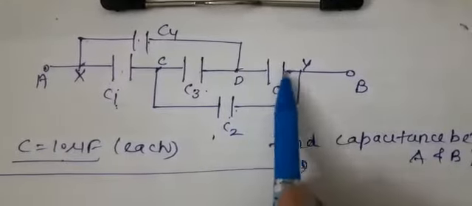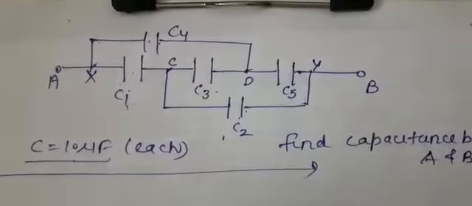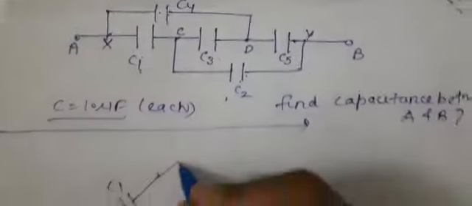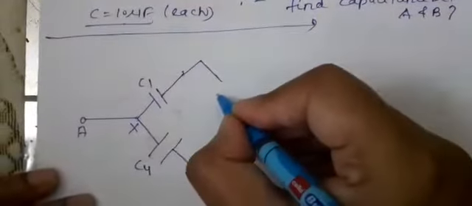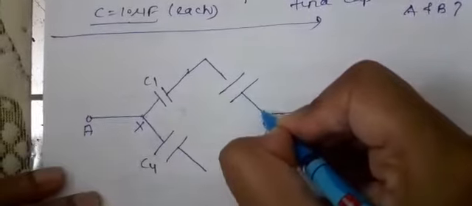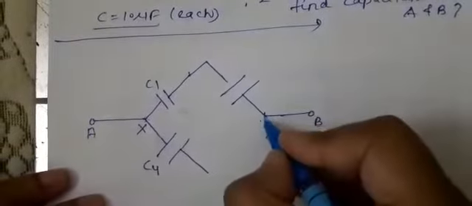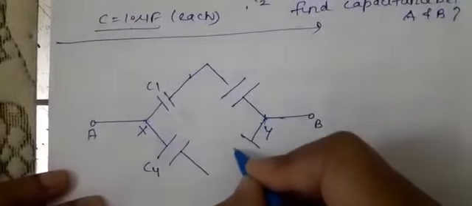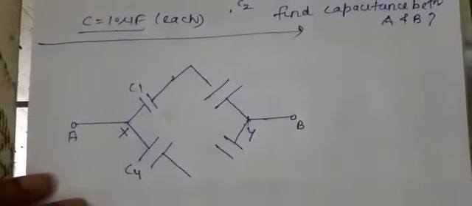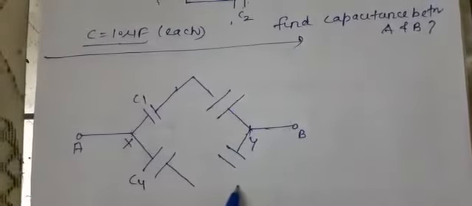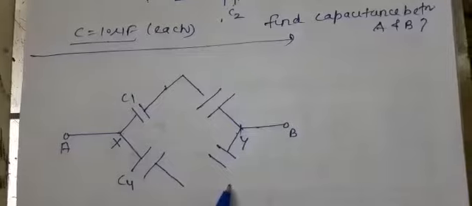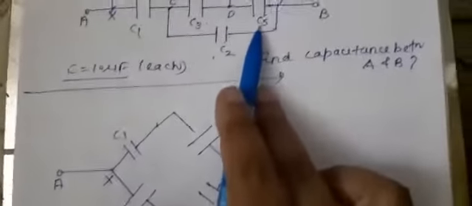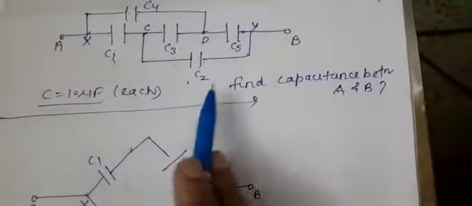Again, there is a division of charge. So it means you can take here one capacitor connected to Y, and here again one capacitor. I am not labeling it right now. I will just tell you one more point. From Y, one is C5 and another is C2.